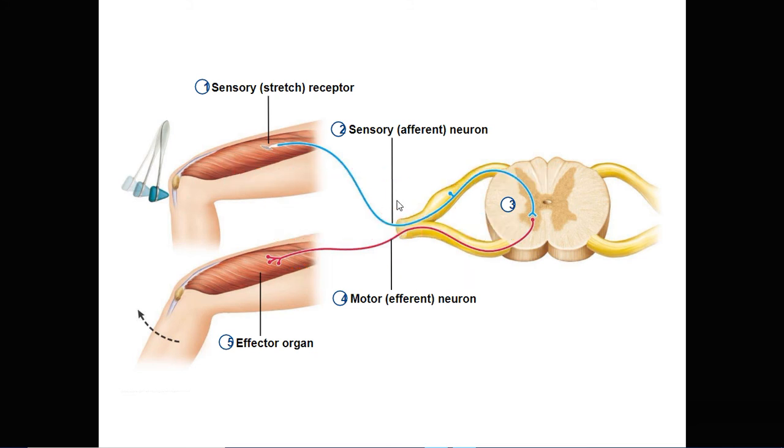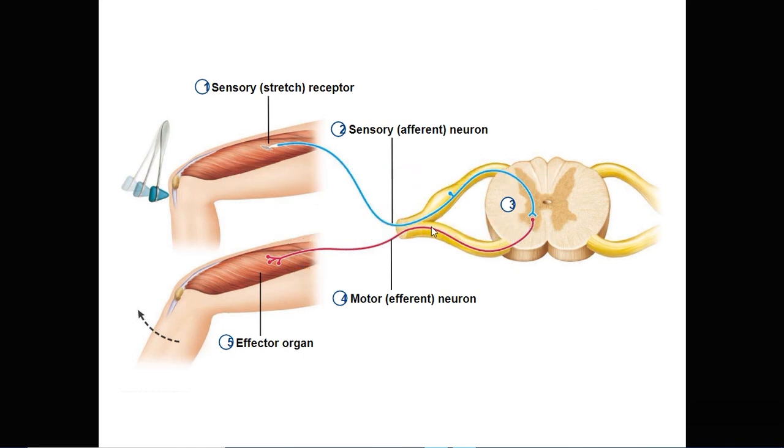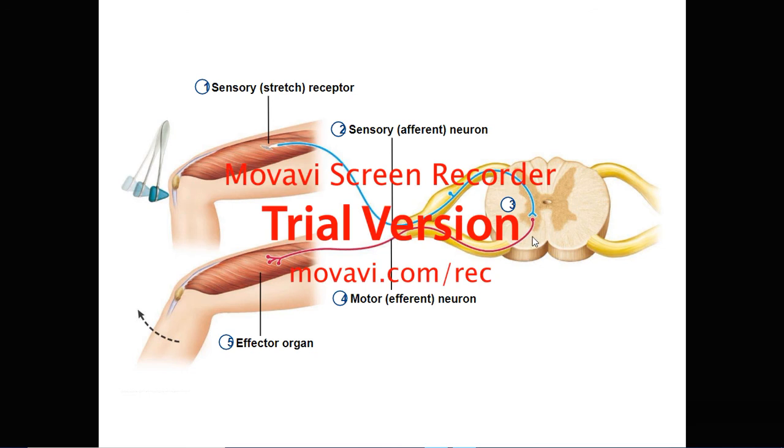In the spinal cord, you form the integration center. On this simplified diagram, they have the sensory neuron synapsing with the motor neuron, and then the motor neuron is going to cause the quadriceps to contract. But you actually have an additional step, which they have in your lab manual.